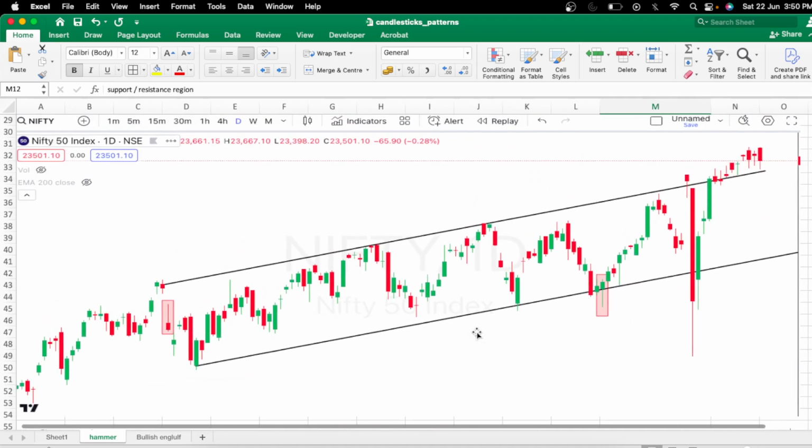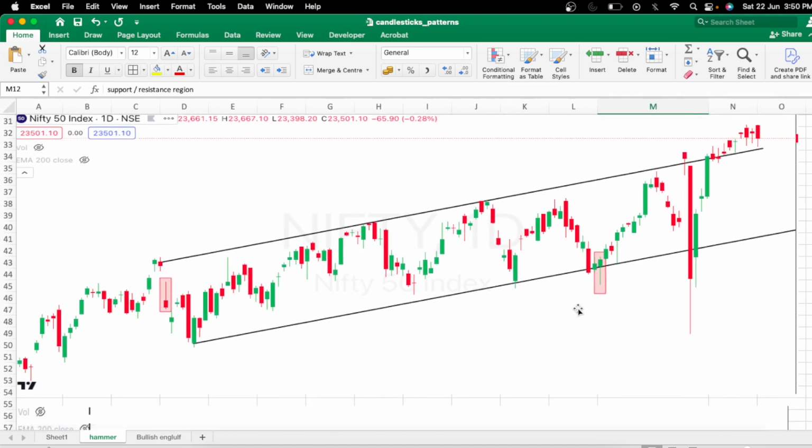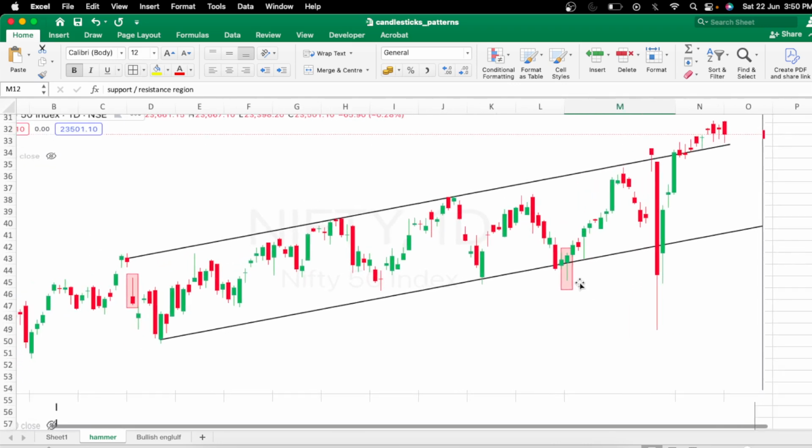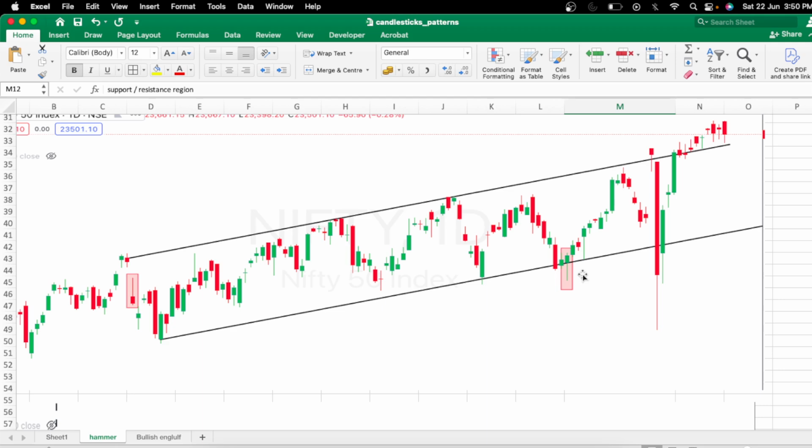This is the first chart. This is Nifty. Now if you see, this is the hammer, a beautiful hammer. What is the second thing? We have to see if there is a downtrend. When I say downtrend, I'm not talking about the overall trend, I'm talking about the immediate trend. In this, the overall trend is bullish, we are going up, these are our higher lows. Even the trend line is pointing up, so the market is bullish.